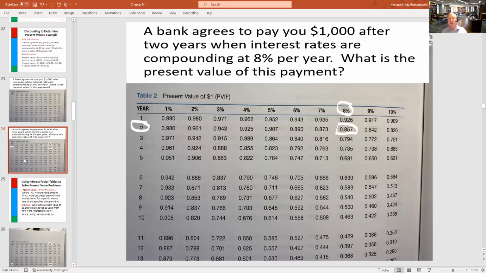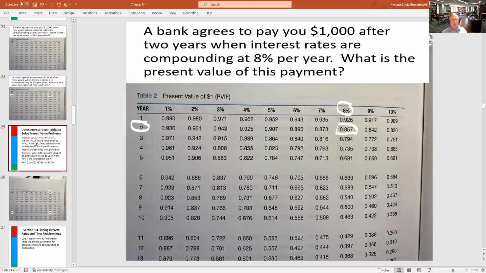So as long as you're very close to the number, that's all you're really going to need to worry about. The factor charts are generally pretty accurate, but if you have to get really precise, you might need to go to a calculator or to, say, an Excel spreadsheet.